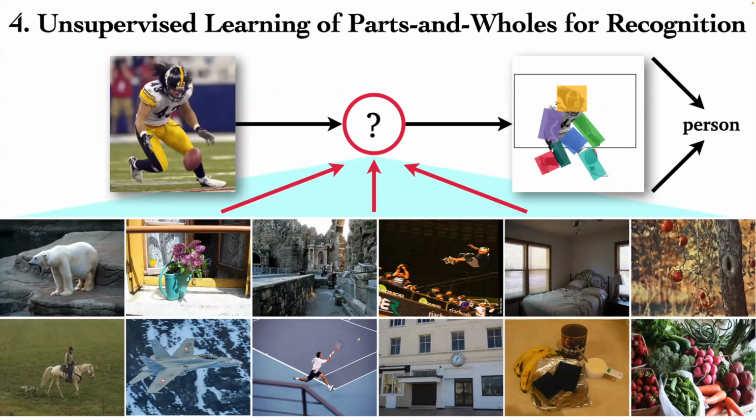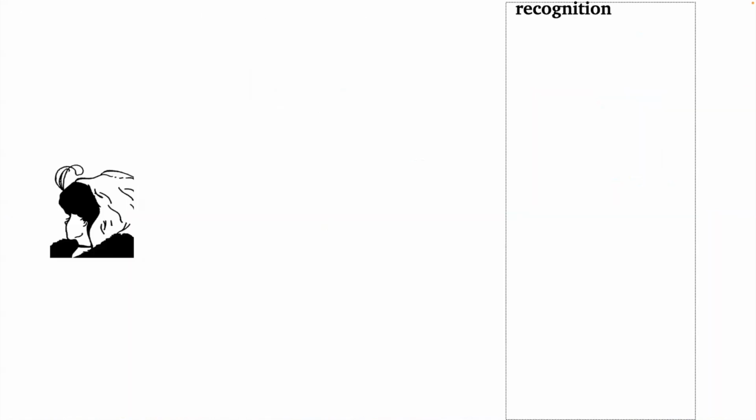Earlier, with the hierarchical segmentation, I was doing feature learning for the sake of segmentation. Here, I'm letting segmentation take a passenger seat. I want it to be driven by recognition. So here's an image. What do you see in this image?